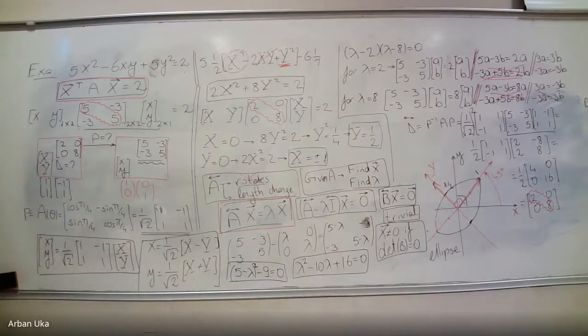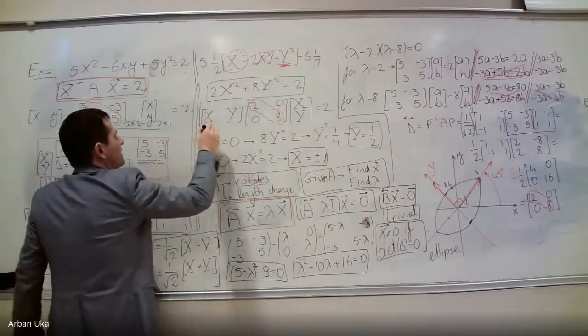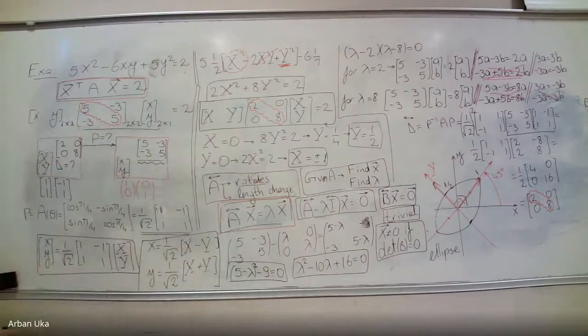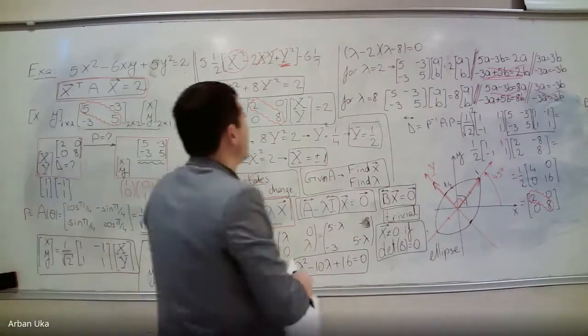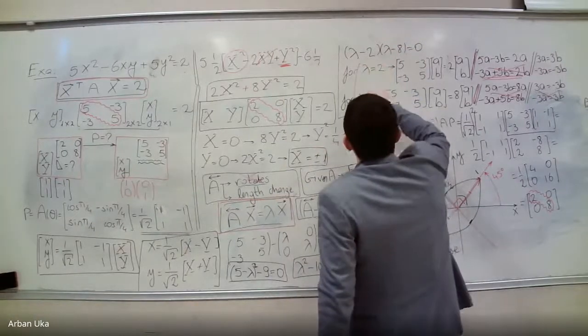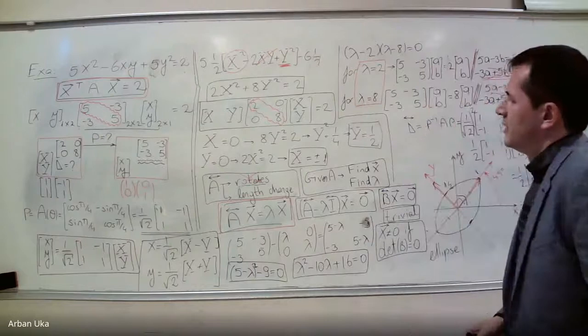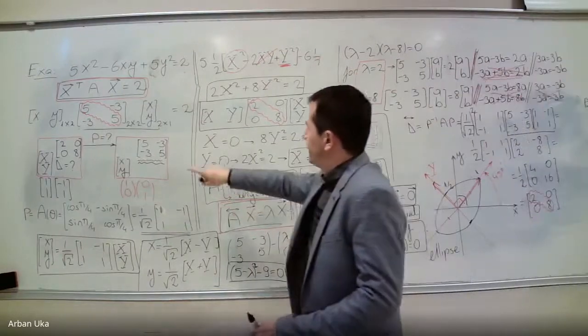And have we seen this matrix before? It looks like we have seen this matrix right here. Okay, and this matrix, it is also obvious because it is having in the diagonal terms the eigenvalues. Okay, so we have this matrix here.